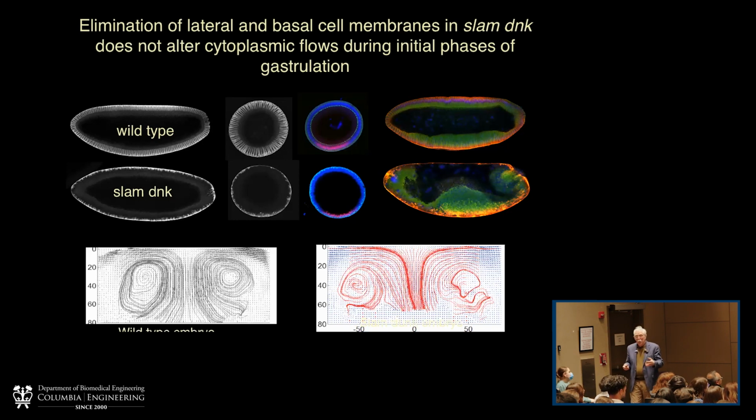And so what that means is that to do the first steps, these aspects of gastrulation, you don't need cell membranes. What Bing has actually shown is that if you plot the redistributions of cytoplasm that occur in these cases, you mimic the cell shape changes that occur in individual cells.